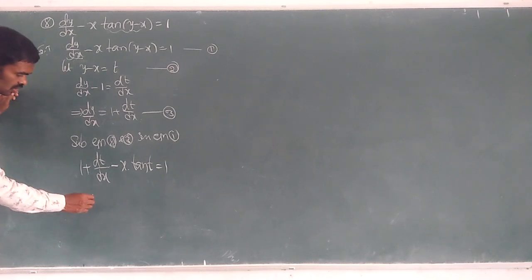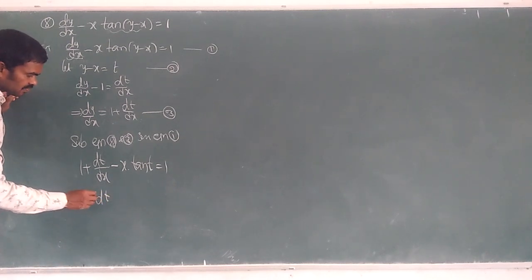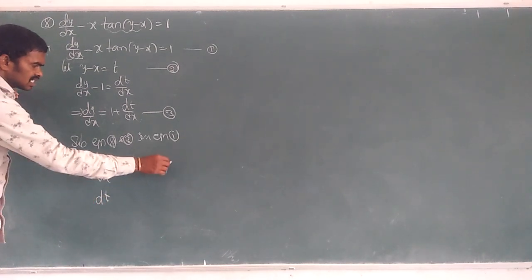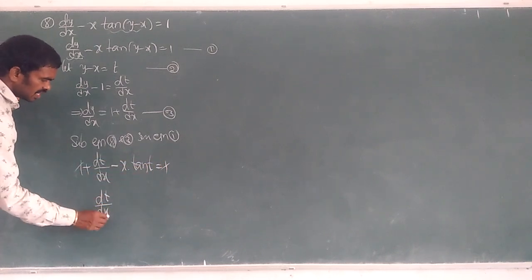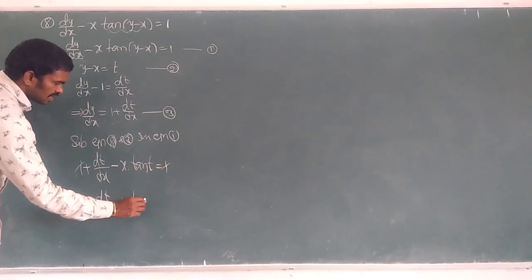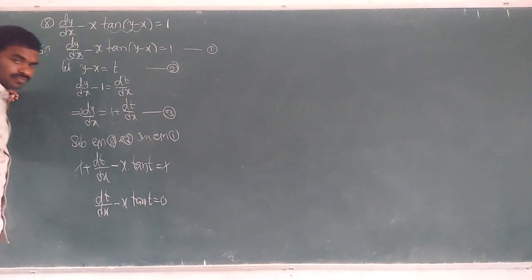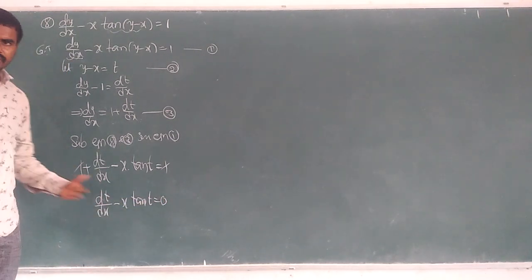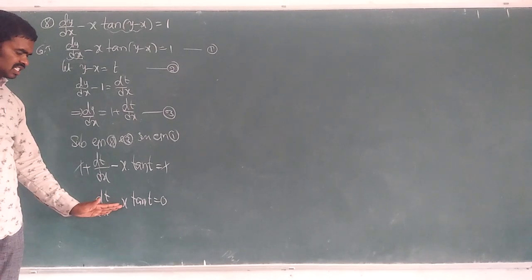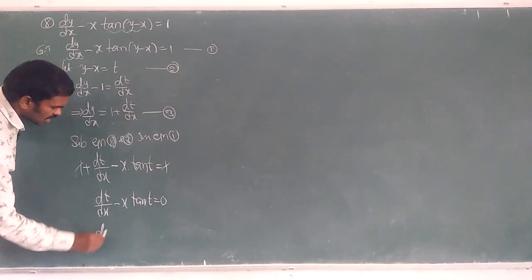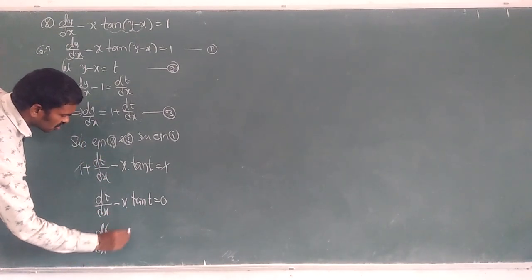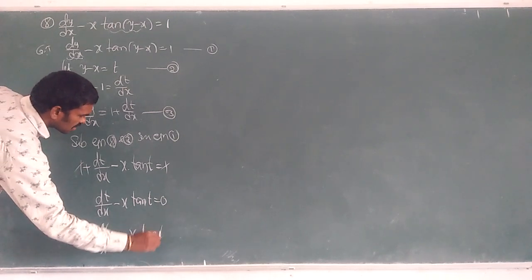Now, on both sides 1 gets cancelled, so the remaining is dt by dx minus x tan t is equal to 0. So we should separate the variables. First send this to the right side, then dt by dx is equal to x into tan t.